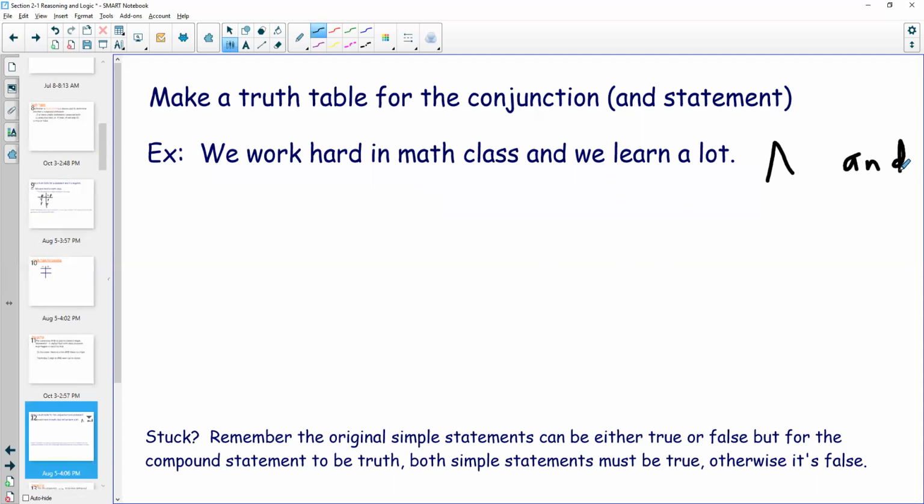So first, let's make our truth table, our statements. The first statement is that we work hard in math class. That's our P. The second, here's our conjunction, the "and," we learn a lot. That's the Q.